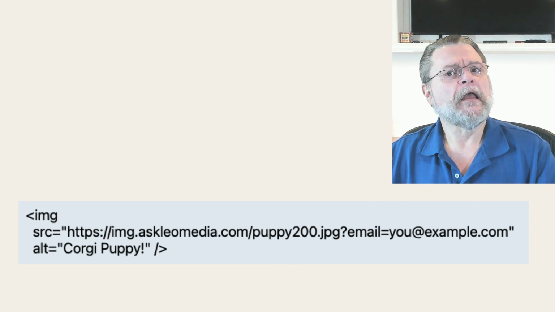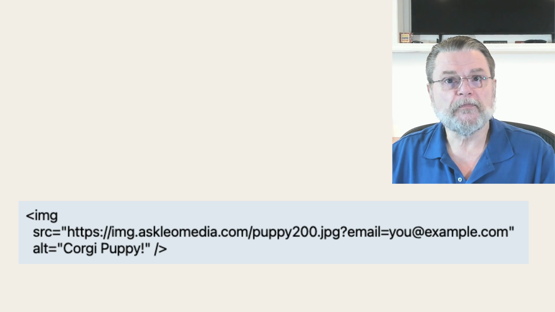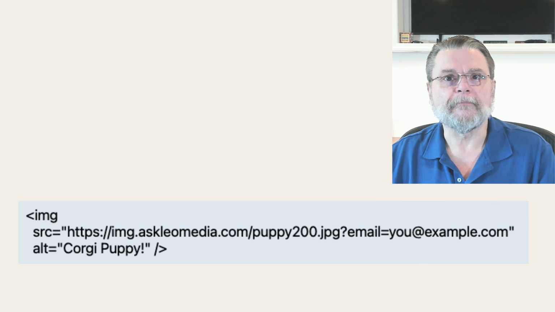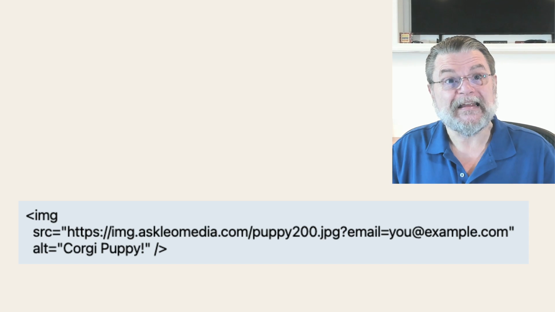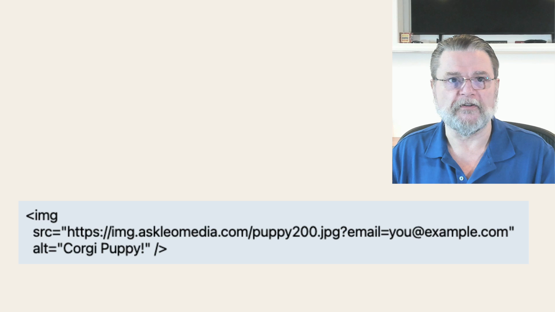In this case, image.askleomedia.com/puppy200.jpg?email=you@example.com. Here, the mailing list software automatically includes the email address that the message is being sent to as part of the link to that image.